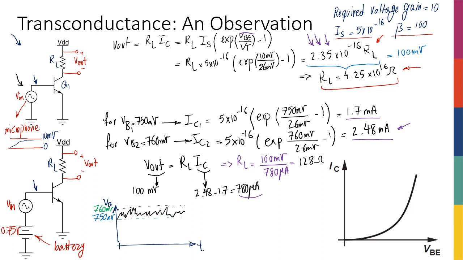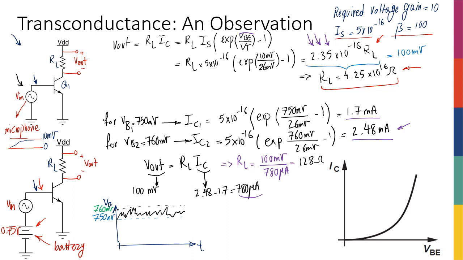However, for the second circuit, I added this battery and I had the same microphone that basically converted my voice into a voltage that changes from 0 to 10 millivolts. All I did was add a battery in series with that microphone so that the voltage that appears at the base of my transistor changes, instead of 0 to 10 millivolts, from 750 to 760.